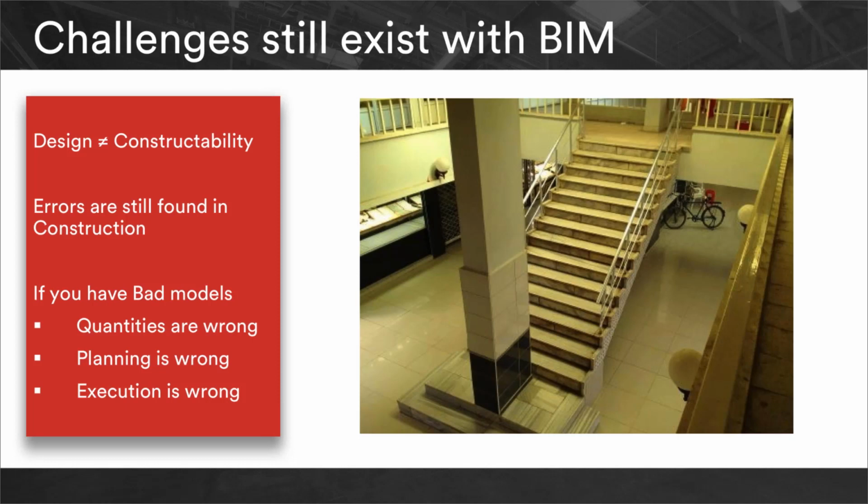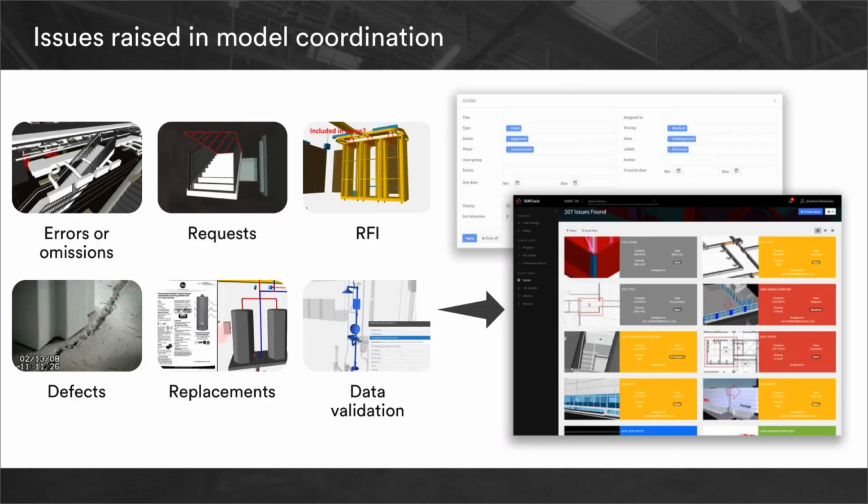What we typically see out there are issues that are not necessarily just clashes, but could be things that the architect needs to raise as a design request within Revit to communicate with the team.